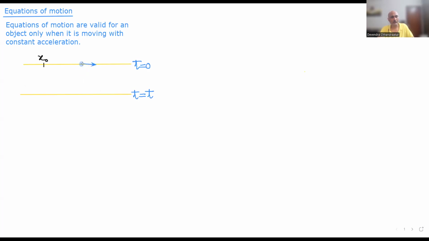And of course, it is moving with some initial velocity u and with a constant acceleration. Acceleration a is constant, and the position of this particle is x is equal to x. Sorry, my bad. This is 0. This is x naught.